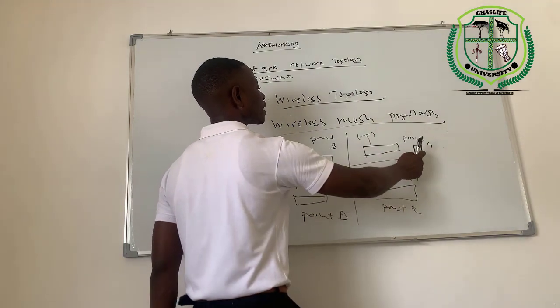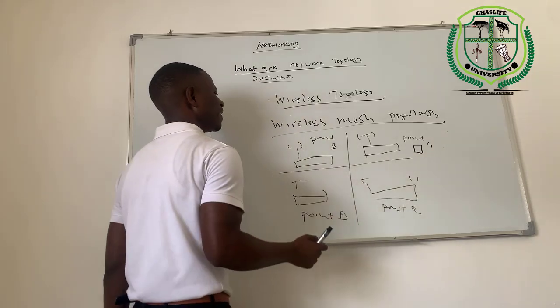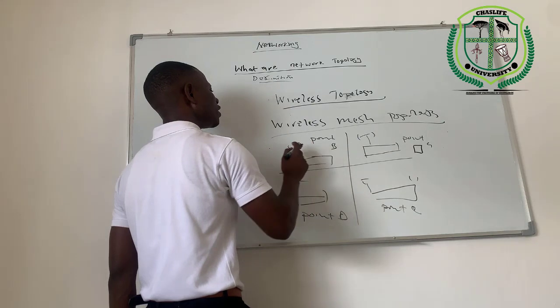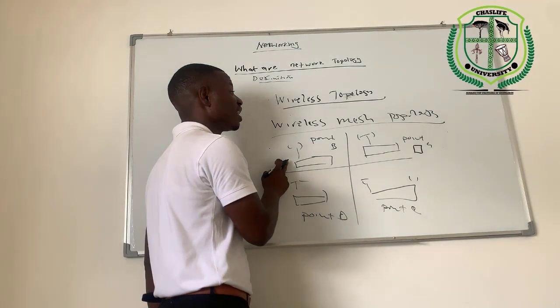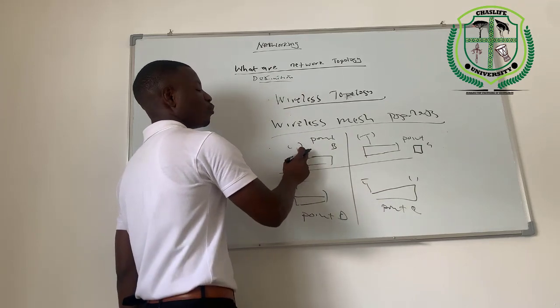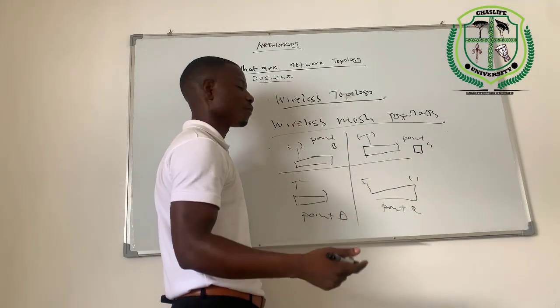They can connect to point A, and the moment they move to point B, they will not face any challenges because point A is communicating with point B wirelessly.